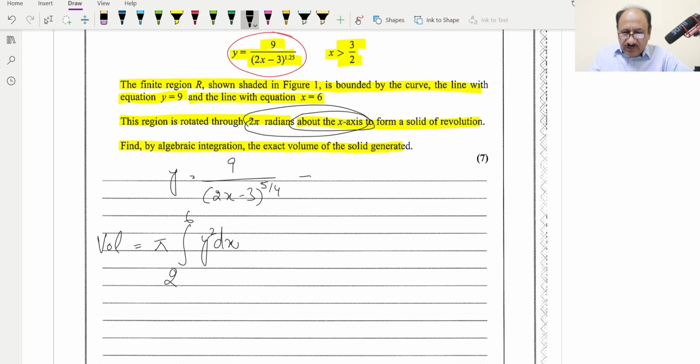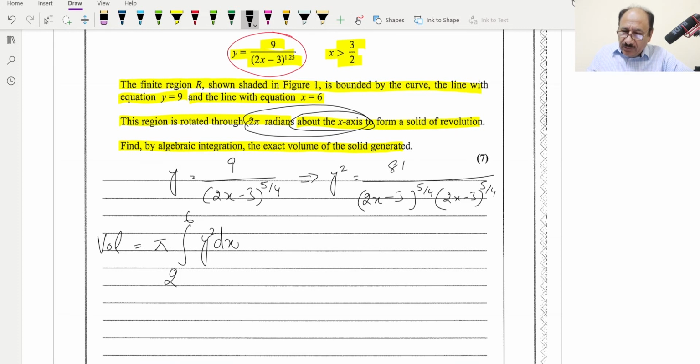Now we need the y squared value. We have y squared will be equal to 9 squared, which is 81, divided by (2x minus 3) raised to the power 5 by 4 times (2x minus 3) raised to the power 5 by 4.